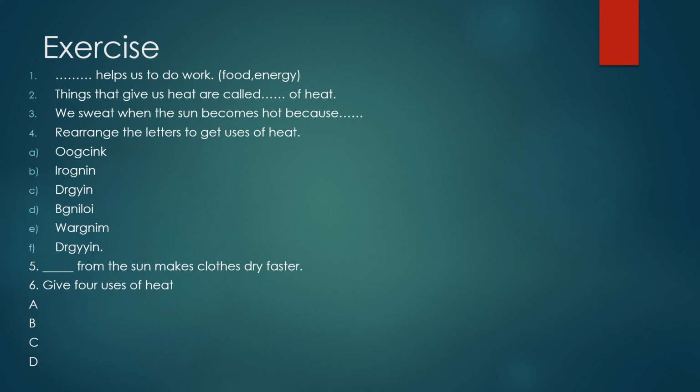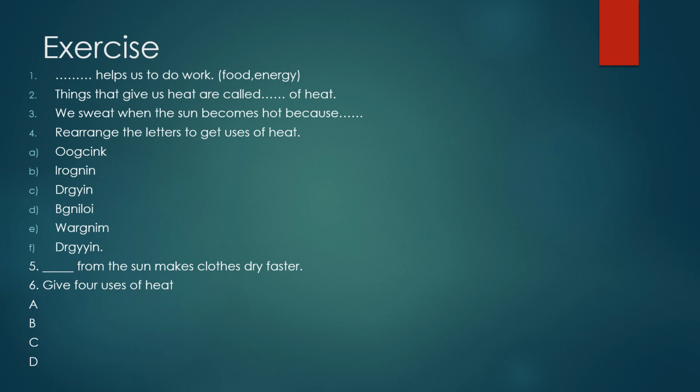Number 6, they are asking us to give 4 uses of heat. Remember we learned about uses of heat, whereby we have cooking, boiling, drying, and warming ourselves. Don't forget ironing.